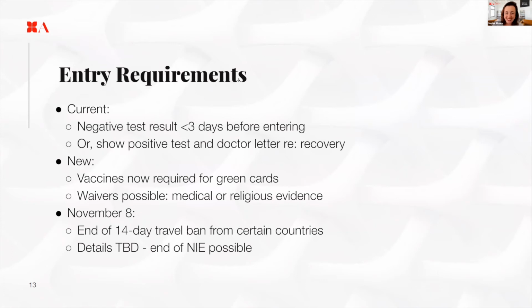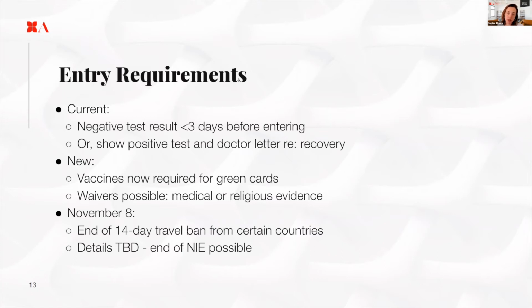Another recent change is what it takes to actually enter the United States. So this is for people who have a visa like an H-1B already, or a visitor visa, or ESTA. The way the government had been handling this from the beginning of COVID to the present is that they had identified countries deemed to be high risk for COVID exposure.